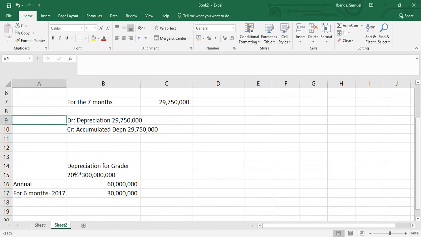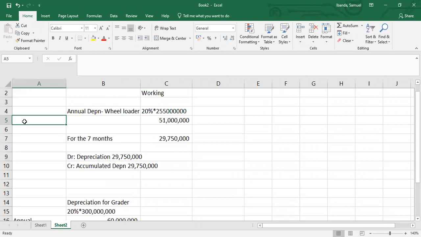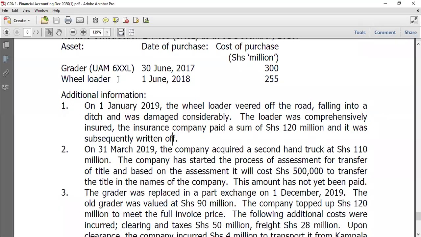And for the wheel loader, this was 2018 because the wheel loader was bought in 2018. So what we are going to basically do, when you look at here, for the wheel loader we've already calculated the depreciation for 2018. So we shall just calculate the depreciation for the grader for 2018.